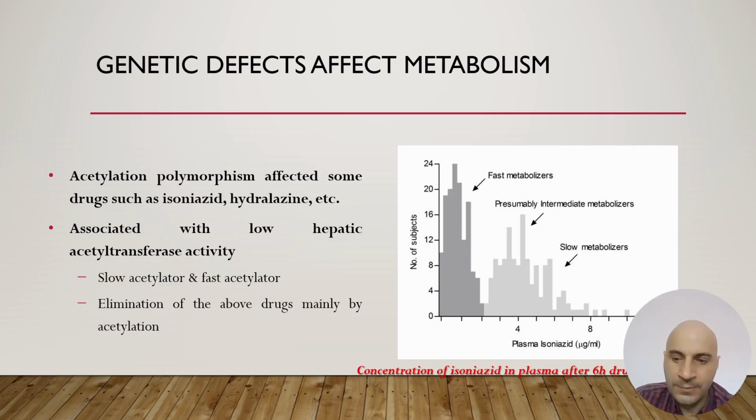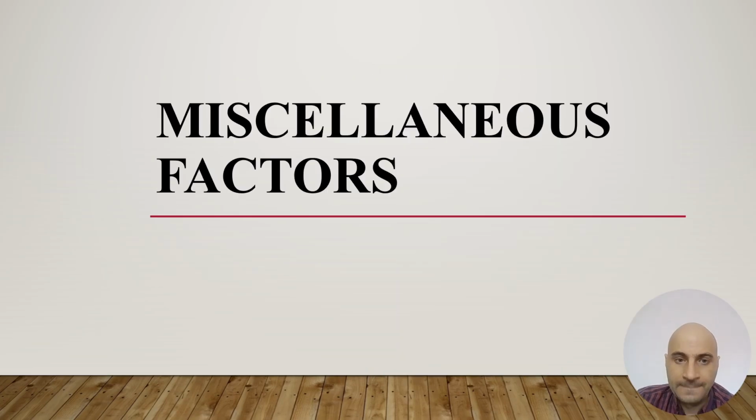So we need to decide, and isoniazid can have toxic effects, and it needs to be used between 6 months to a year or more than a year. So it's very important to know and to monitor the drug response.